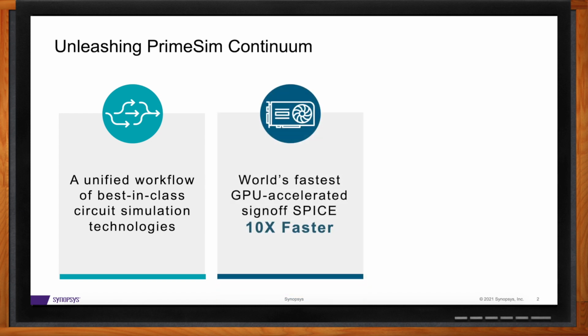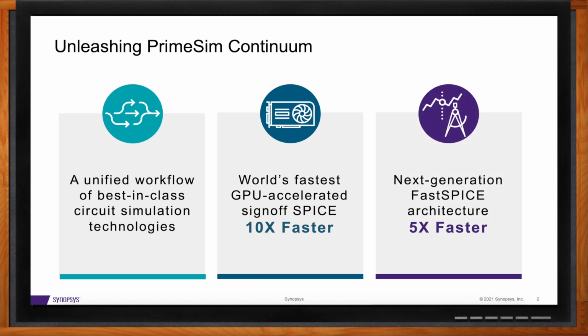It includes the fastest GPU-accelerated next-generation SPICE technology, delivering 10x faster performance using CPU and GPU compared to just using the CPU alone. It also includes a next-generation FastSPICE architecture, which is 5 times faster than our leading FastSPICE simulator today, and also with 2 times more capacity.